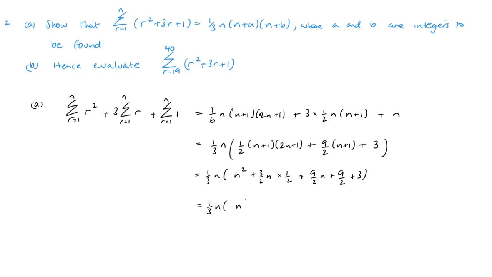So I've just got the n squared there. Sorry, this shouldn't be times, it should be plus. Okay, so I've got 3 over 2 plus 9 over 2. That's the n's, and that gives me 6n. And then I've got a half plus 9 over 2 gives me 5, plus 3 gives me 8.